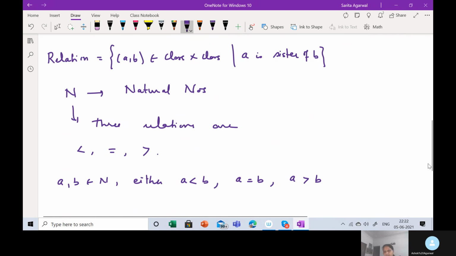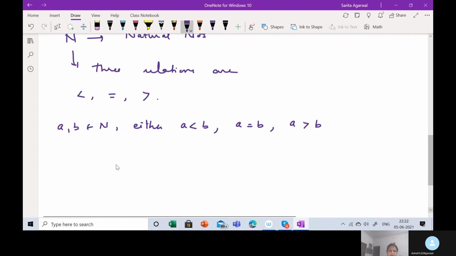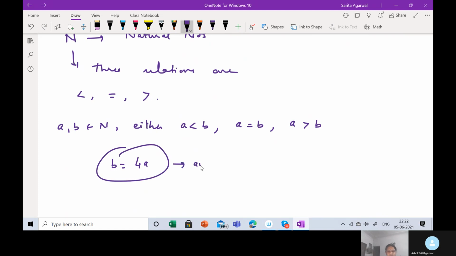Similarly, if we see another relation, right? So that means we can draw that B equals 4A. That's another relation. How to write this relation? We can write the relation as: A and B are chosen from this set of naturals, right?